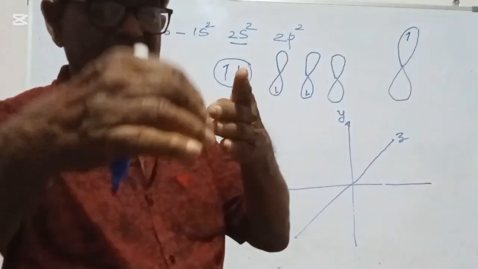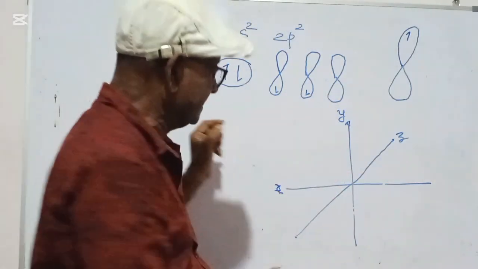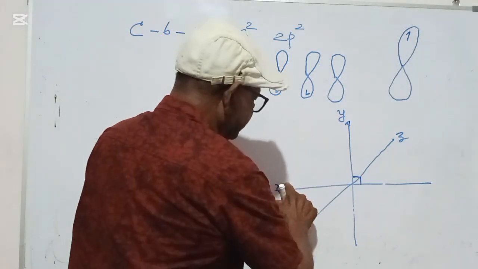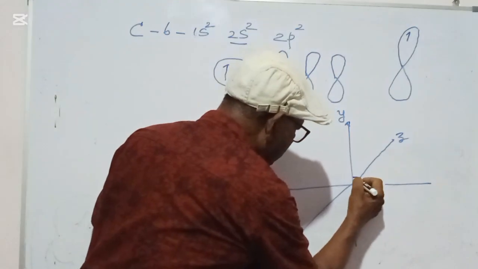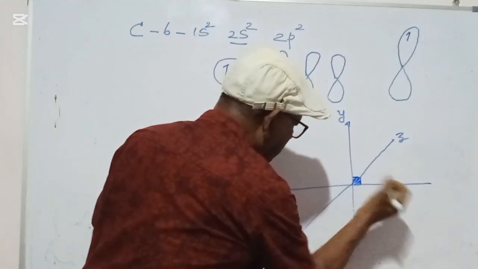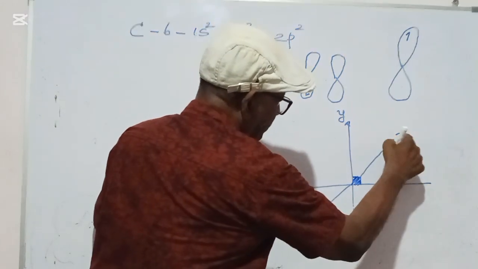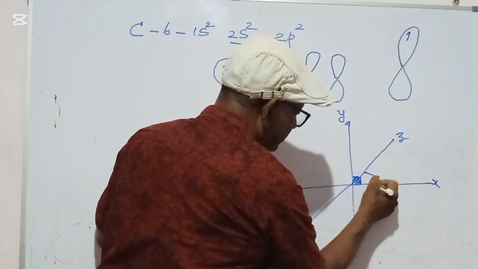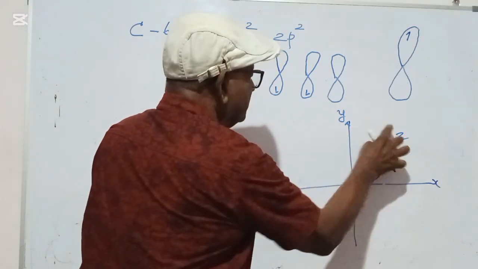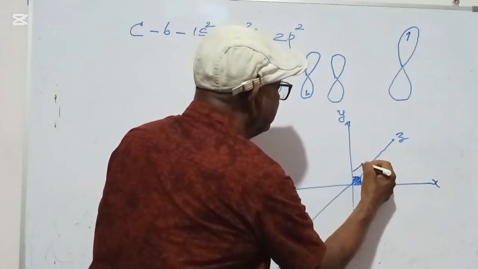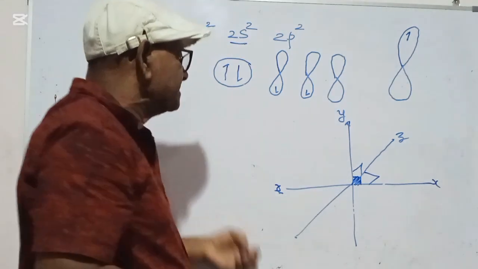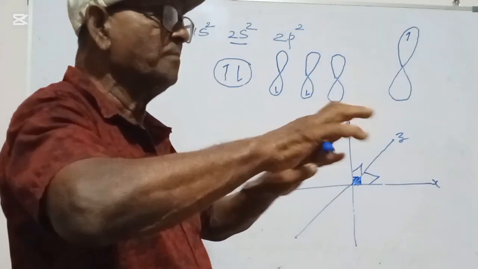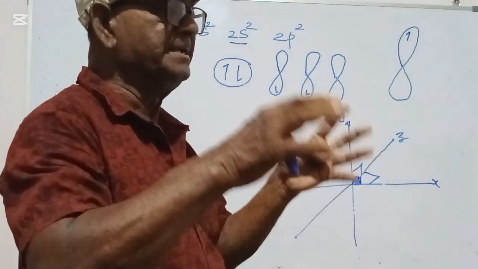Perpendicular to each other, right? x and y perpendicular, z perpendicular to x, y perpendicular to z. These are the three axes. Three axes come together to form the 3D structure.